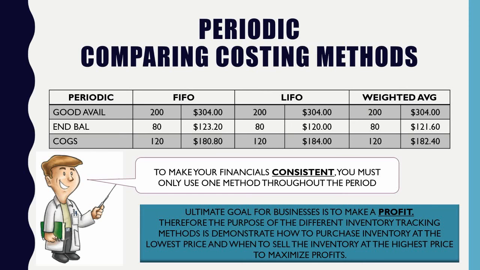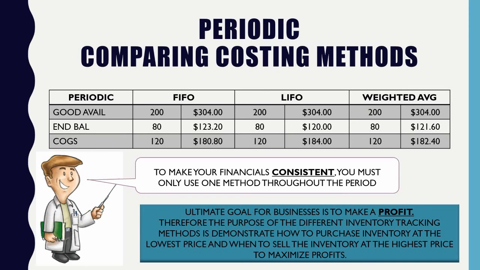If you have non-expiring items, you have the freedom to choose between LIFO or weighted average, because it doesn't matter, since there's no expiration date that you need to follow. That gives you flexibility.